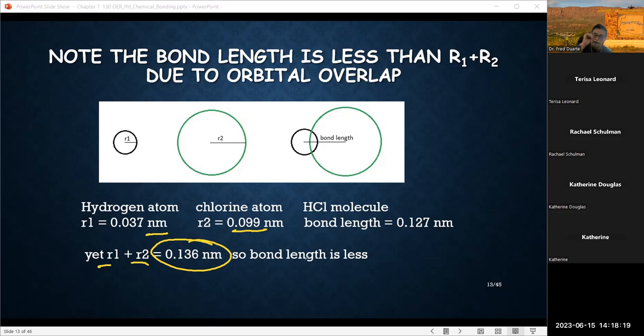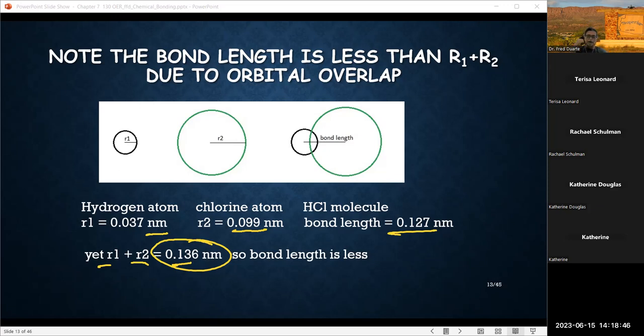Okay, reasonable guess. But then it turns out that's not the case. When you did a bond analysis, the new bond angle was actually, not angle, but bond length was actually 0.127 nanometers. Okay, big difference from 0.136. And so the question was, well, what's going on here?